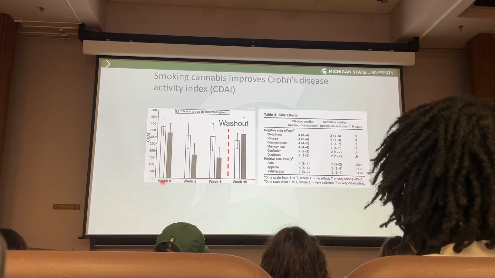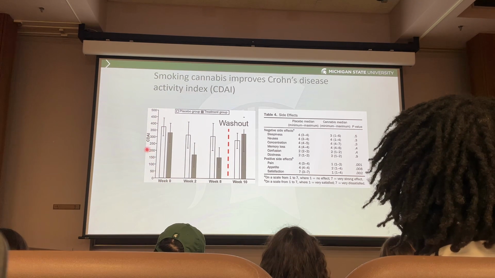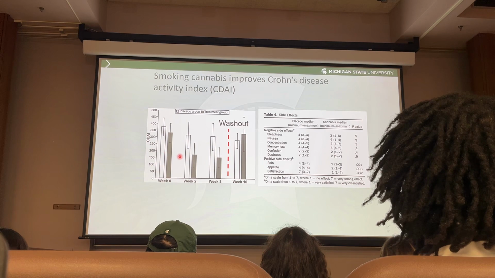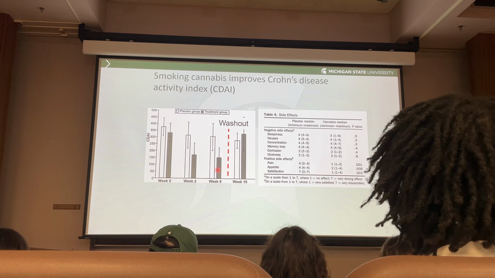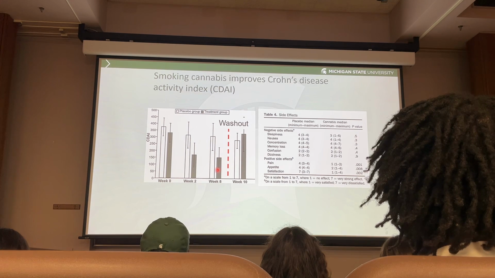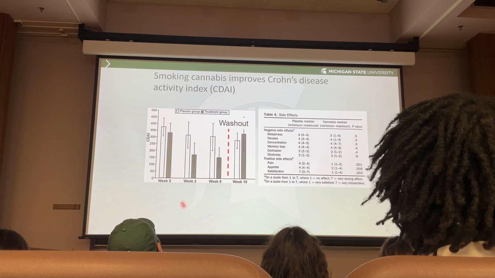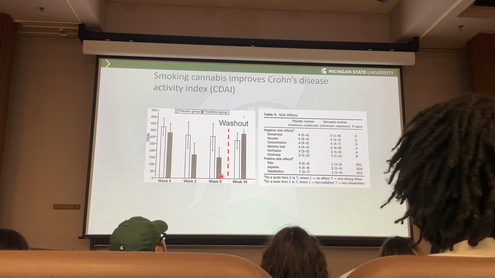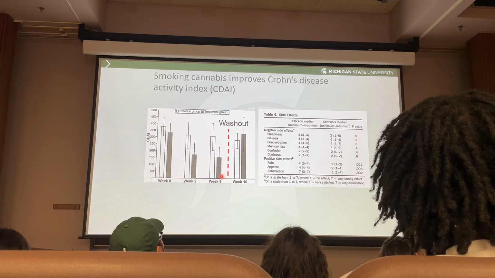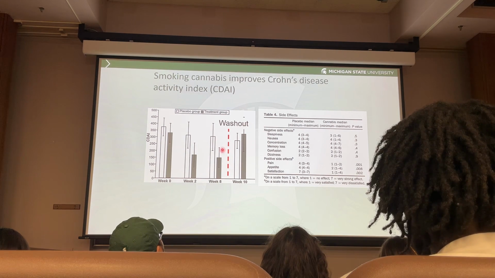So you can see at week 0, we kind of have overlapping CDAI scores. The longer that the subjects progress through this study while using cannabis, the better their outcome is. As you can see, the controls vary very little, but cannabis users show a drastic improvement. And then washout is when they just stop the experiment and they get no more treatments, and you can see they return back to the higher levels.